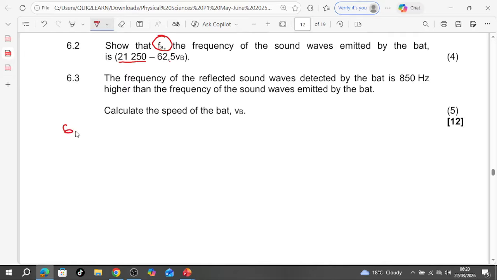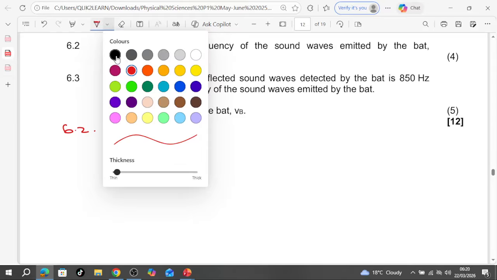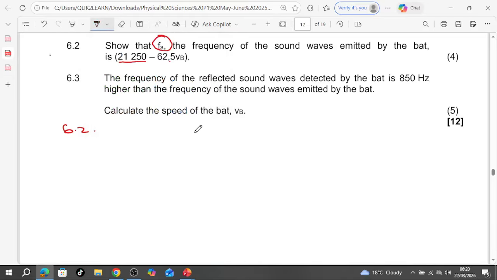Okay, this is 6.2. On 6.2, they want us to show, you know what I'm going to do first? Let's analyze what we are given now. Let's talk about the wave equation.